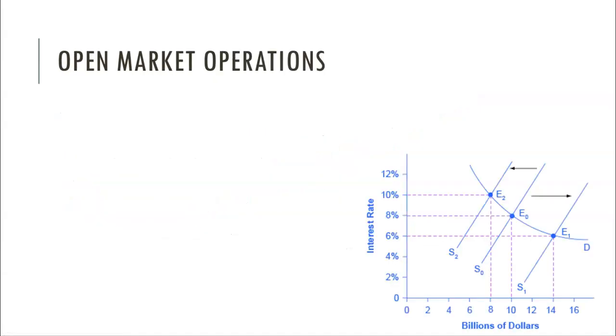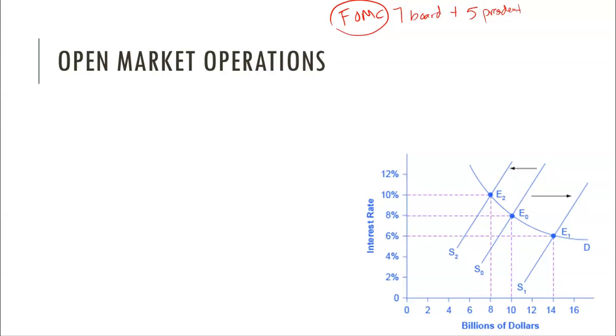Okay, so let's look at open market operations in a little bit more detail. Open market operations is one of the main tools that the Fed uses. If you remember from our other video, we talked about the FOMC, the Federal Open Market Committee. This group of people, the 7 board of directors plus the 5 Federal Reserve Bank presidents, make these decisions.